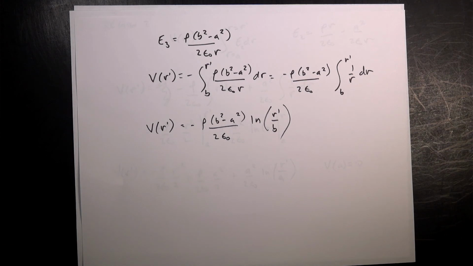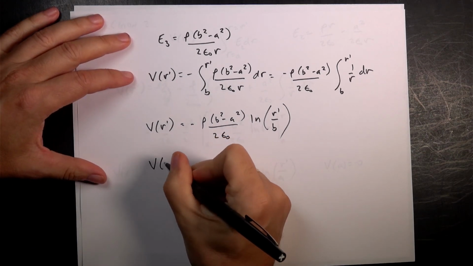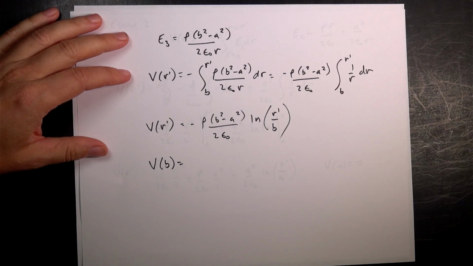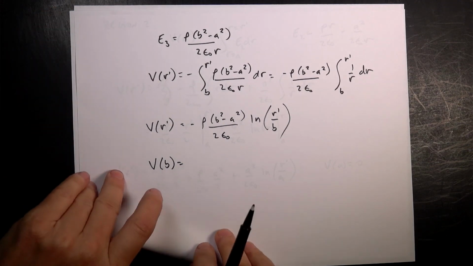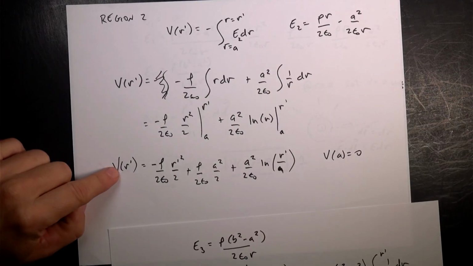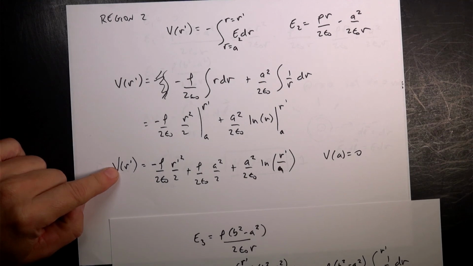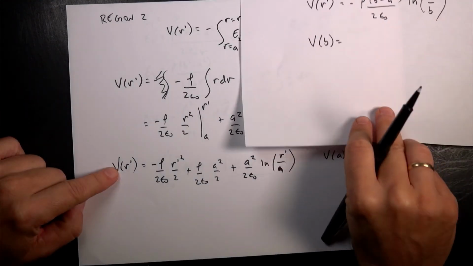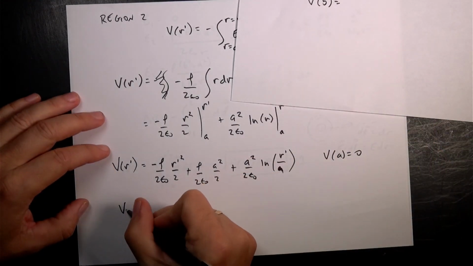Now, here we do have a problem because I know that at V of b, I know what the potential has to be. It has to be what it was from the previous calculation. This has to match up. Okay, so let's right here just say V of b.